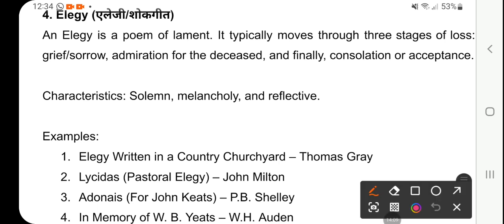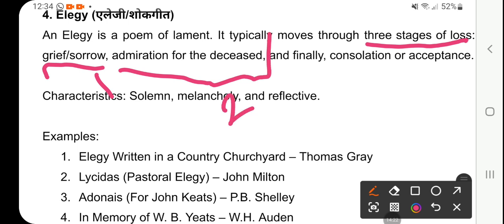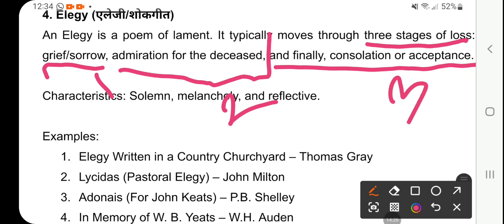So we find three stages of loss in this poem. The first stage is grief or sorrow, then admiration of the deceased, and finally consolation or acceptance, right?